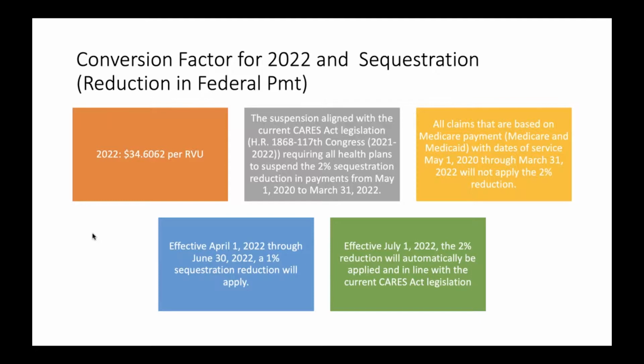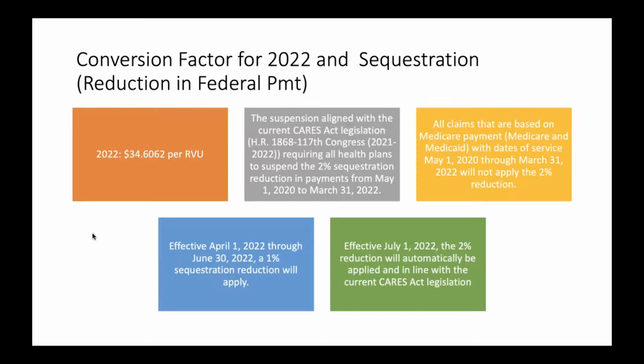So the surgical specialties were hardest hit, because also, the care management codes were given higher RVUs, to keep people from having to get surgeries. So anyway, it all went back and forth. As of, I think it was late November, the conversion factor per RVU is $34.60. That's 6062. You can round that up to 61 cents.